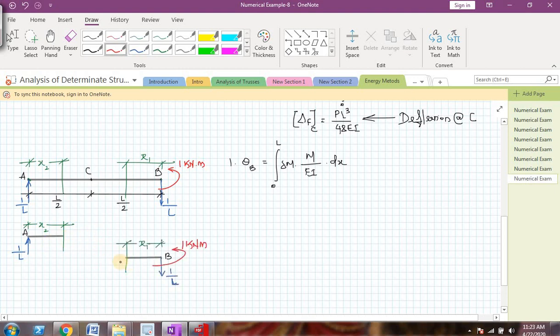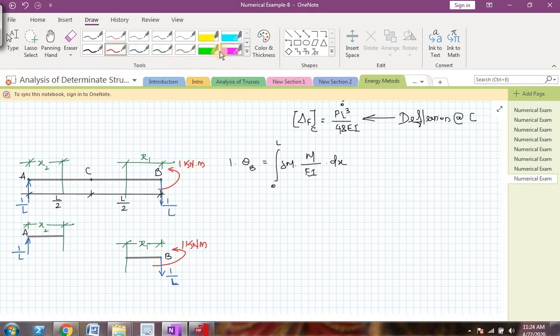Okay, I have drawn two segments separately. Now when you take segment AC and only this much of the segment, we have a reaction of 1 by L, and we have taken a section which is at a distance x2 from point A. Now because of this 1 by L, we will have a moment here.